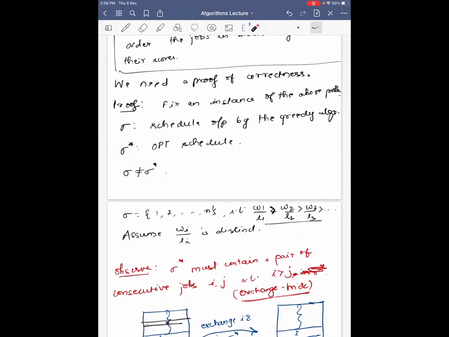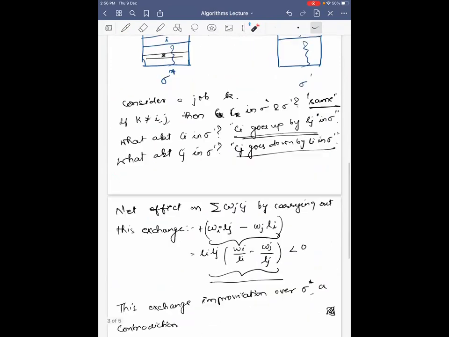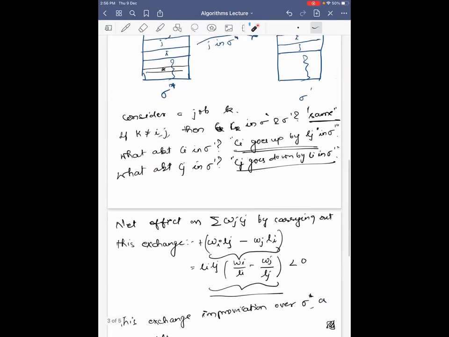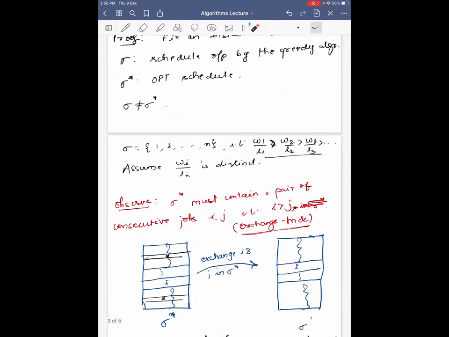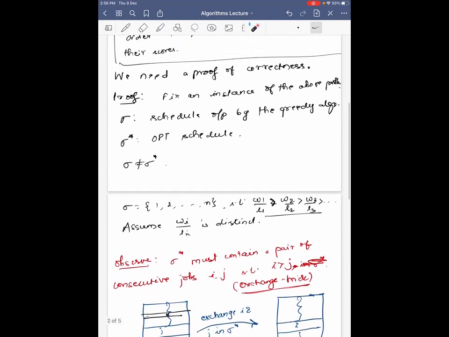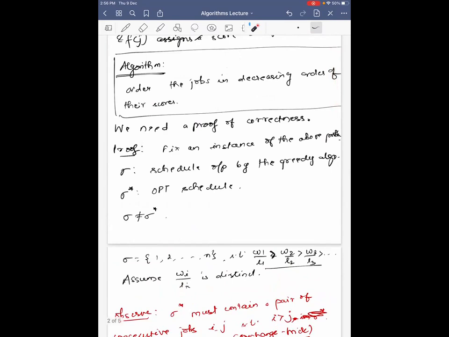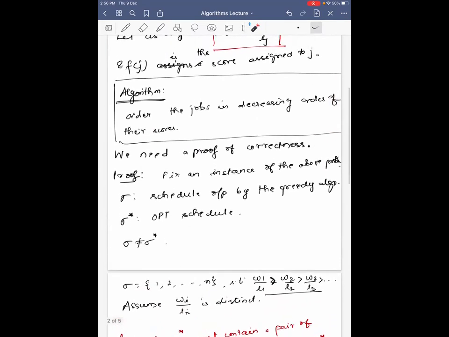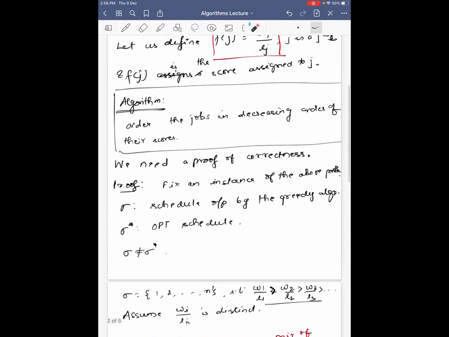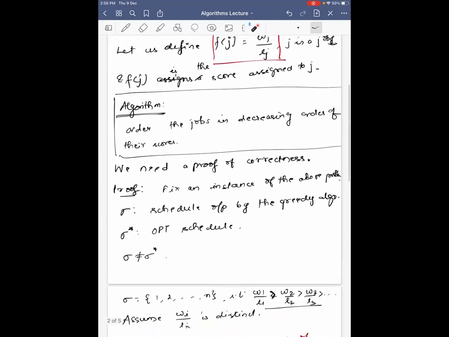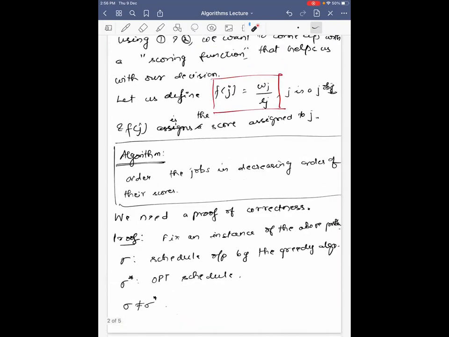That led us to this contradiction, and hence we were able to claim that this algorithm indeed works. Makes sense to everyone? Yes, sir. What about the rest? Yes. Yes, sir.